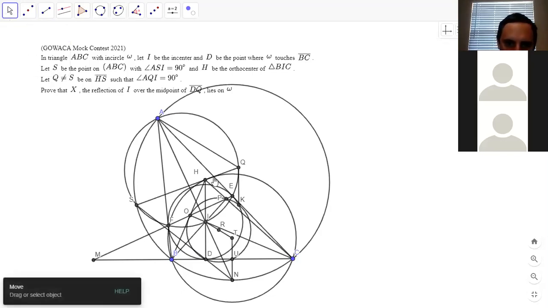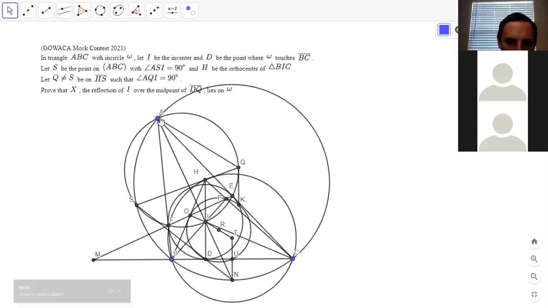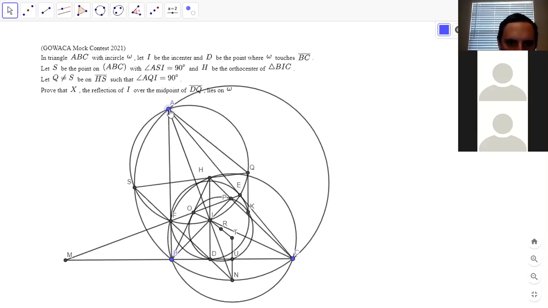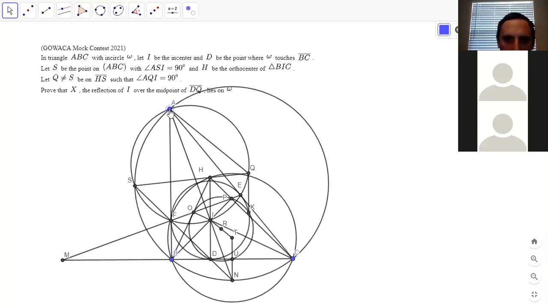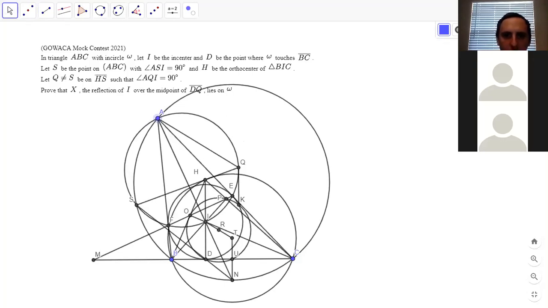I wonder if it passes through the, well, no, that would break the symmetry of the problem. No, it's not tangent.